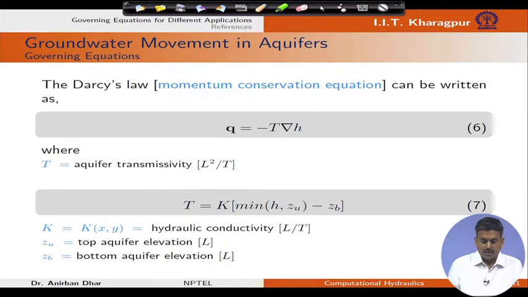As we can see, T is calculated using the minimum value of H and ZU, where ZU is the top aquifer elevation minus the bottom aquifer elevation. That means the saturated thickness portion.